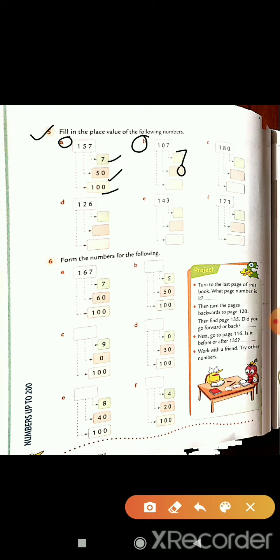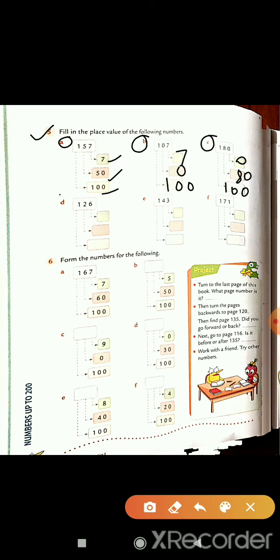Next, 1 is at the hundreds place, so its place value will be 100. Next, C. The number is 180. 0 is there at the ones place, so its place value will be 0 only. 8 is there at tens place, so its place value will be 80.